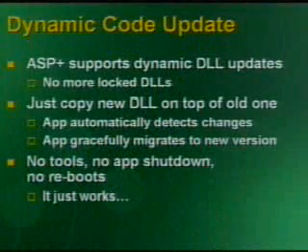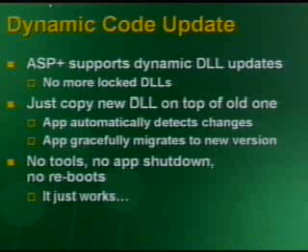Now, dynamic code updating. So what happens when you actually copy a DLL there? Well, number one, the DLLs are not locked. When we load the code from the DLL, we shadow copy it into a cache and load it from there, so you can simply copy over the new one and we'll be able to load it in the new application.